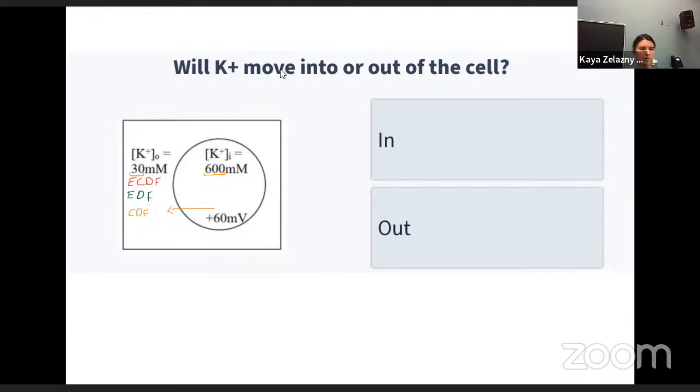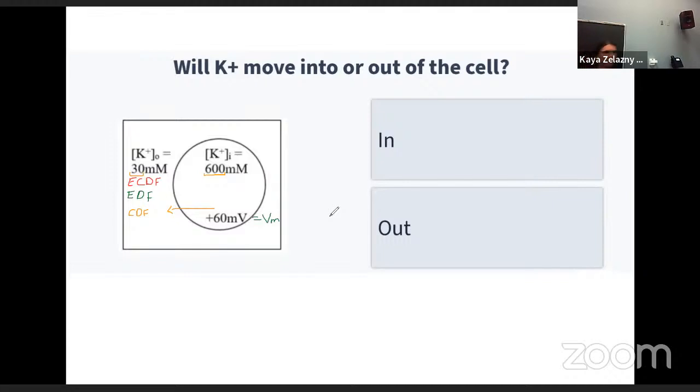Next, we're going to deal with the charges. We're going to look at that electrical driving force. The potassium is a cation, a positive ion, and our membrane potential is positive 60. So what's going to happen with those two positive charges? Is it going to want to go into the cell or out of the cell?